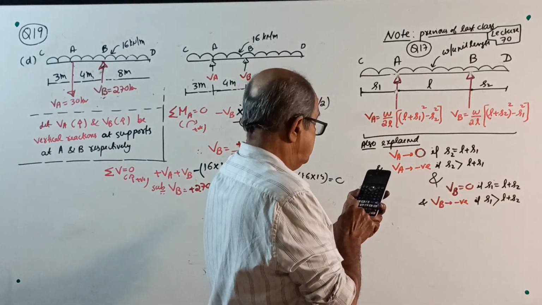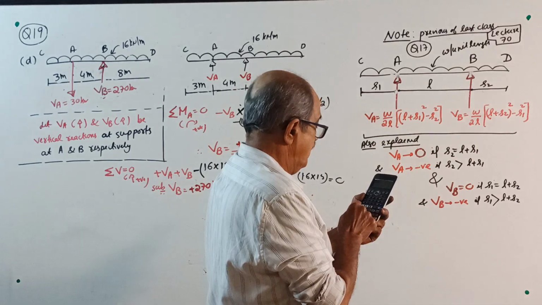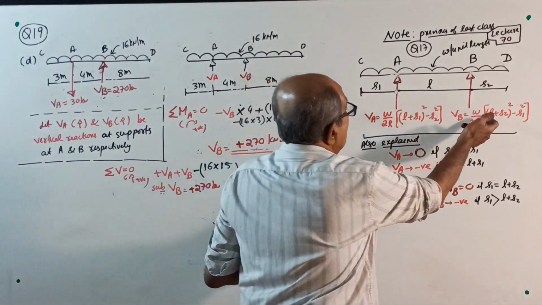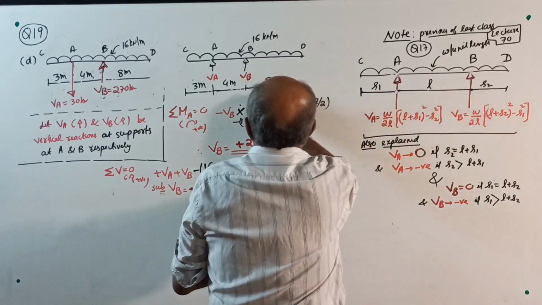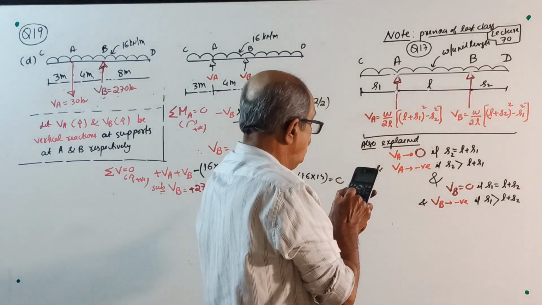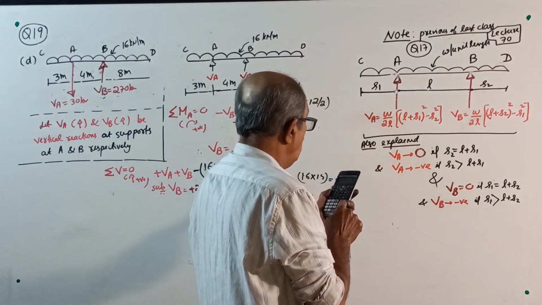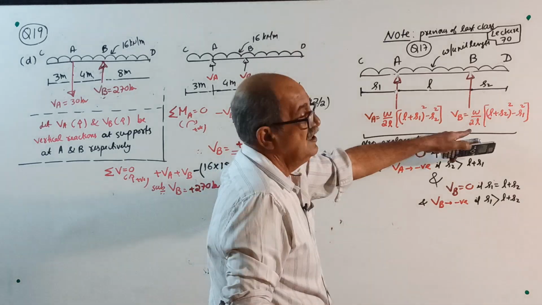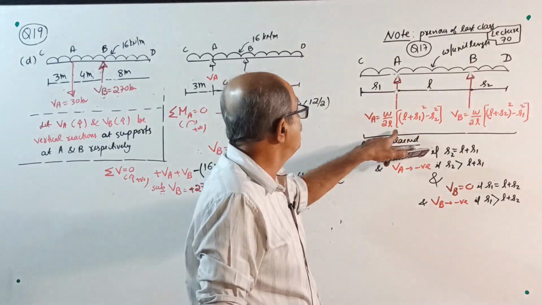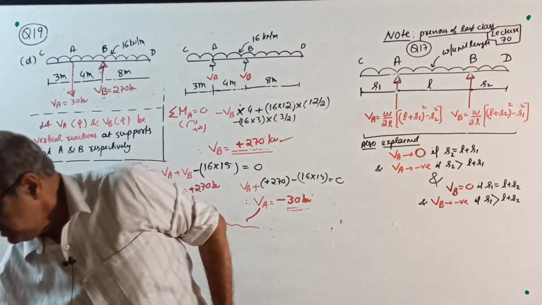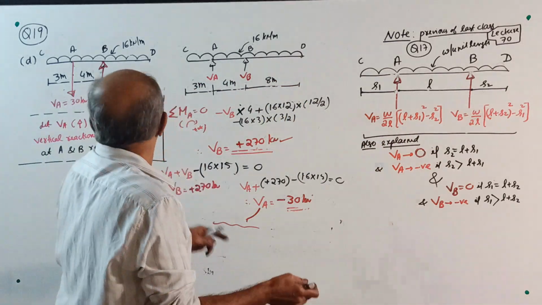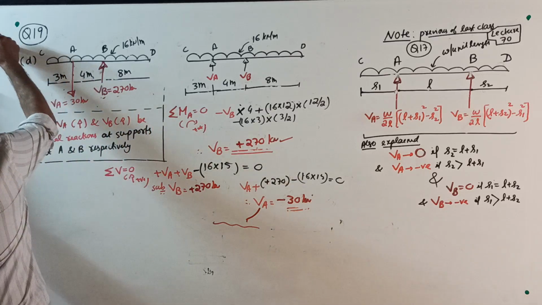W is 16, divided by 2, divided by 4, into L plus S2, 8 plus 4, 12, 12 square minus S1 square, 3 square, equal to 270 kilonewton plus. I got positive here, I got minus 30. Okay. Just to understand, that is question number D over.